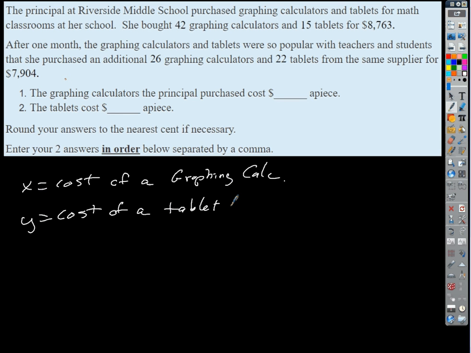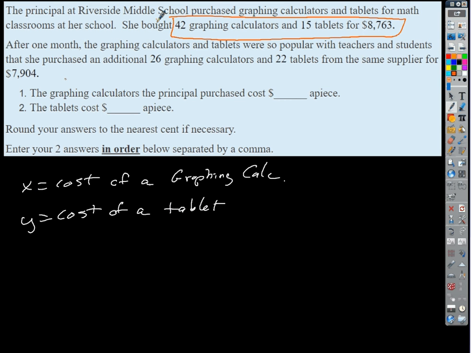Now we've got to come up with some equations. Well, what's one thing we know about graphing calculators and tablets? We know this: 42 graphing calculators and 15 tablets cost that much. If x is the cost of a graphing calculator, how much would 42 of them cost? 42 times x, right? 42 times the cost of one calculator.